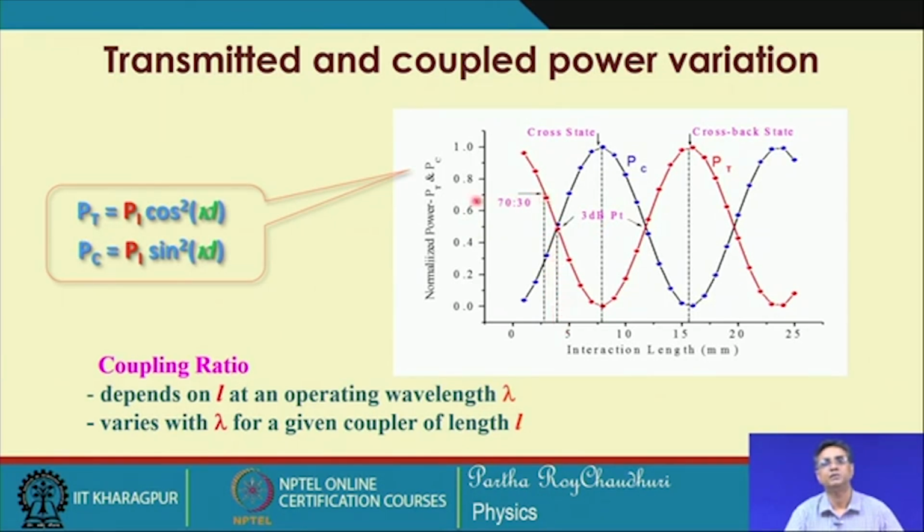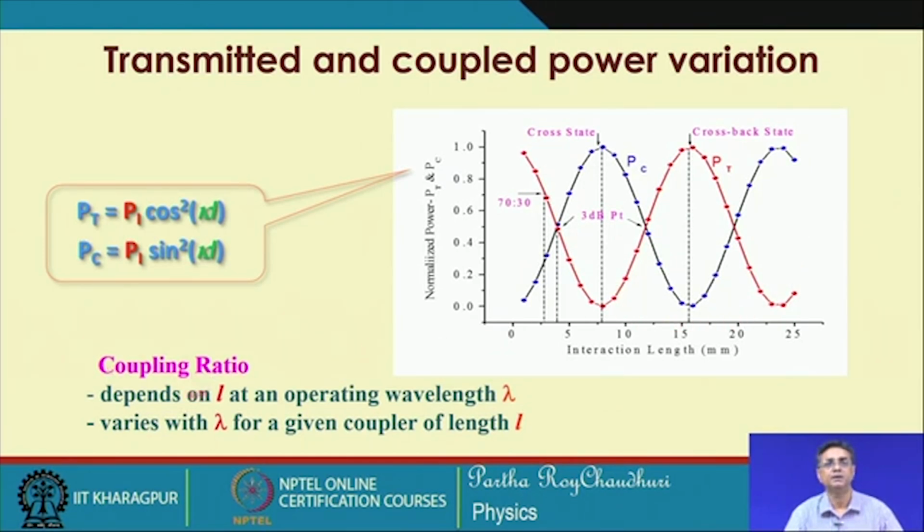You can also have any desired ratio, 70-30, 20-80, any ratio; you just have to restrict the length of interaction. So you can design any power splitting. You can have the same thing after a large number of periodic cycles.